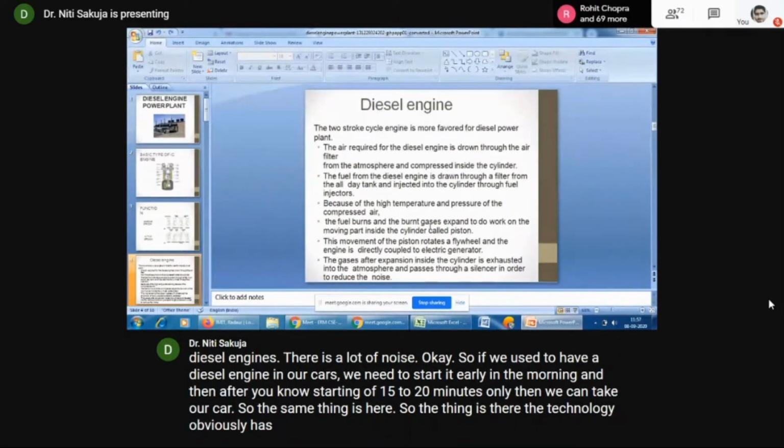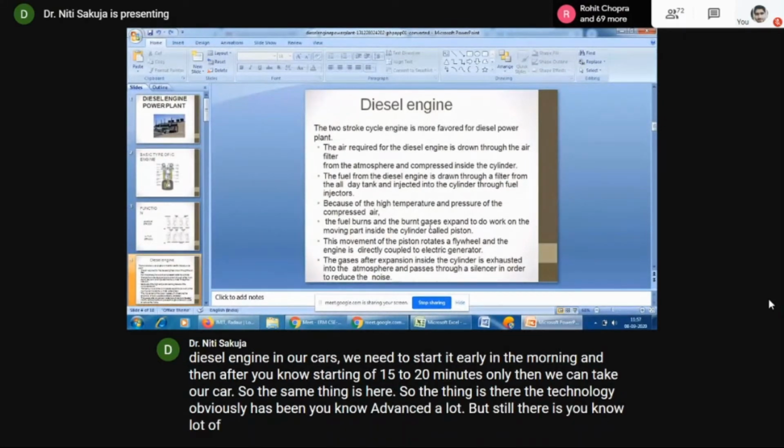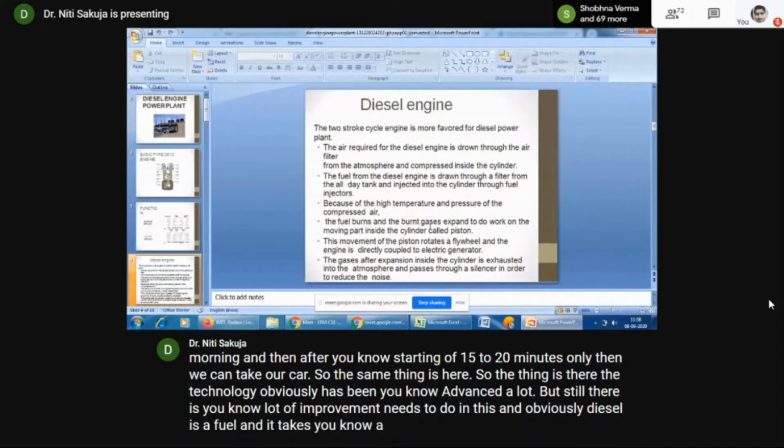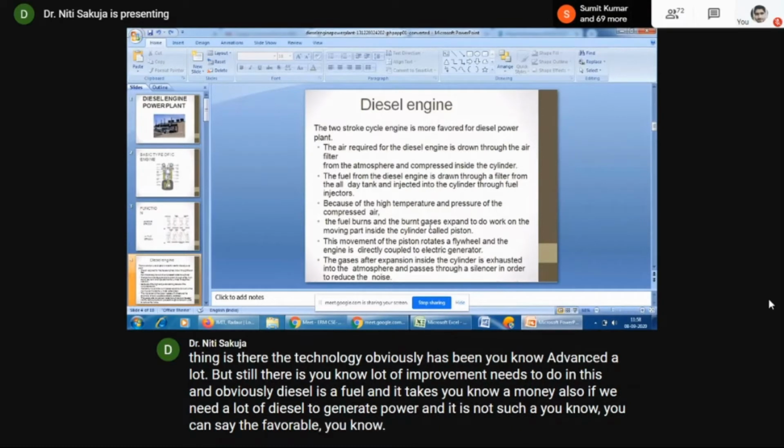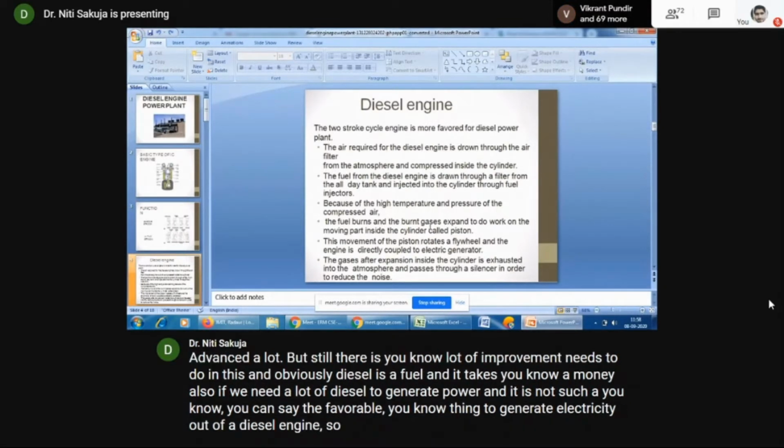And obviously diesel is a fuel, and it takes money also if we need a lot of diesel to generate power. It is not such a favorable thing to generate electricity out of a diesel engine. So basically, the main idea behind this is that we are using a two-stroke engine, and the air is fed into it through the filter and compressed inside the cylinder.